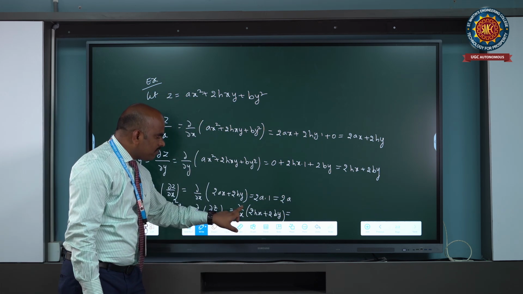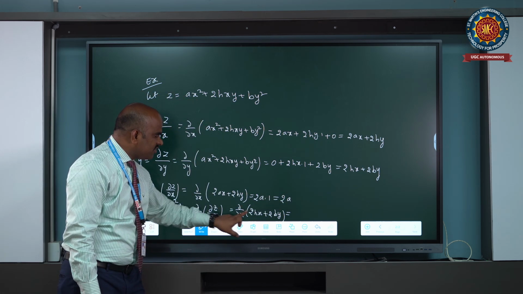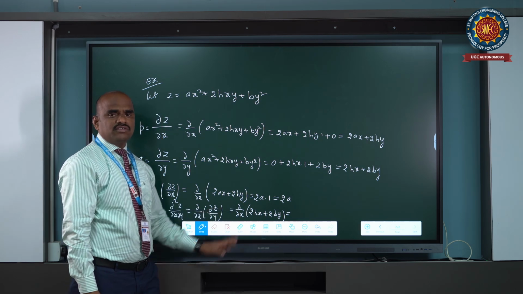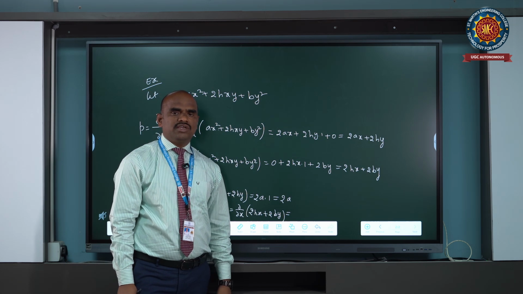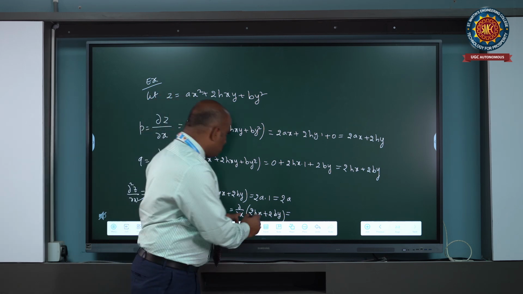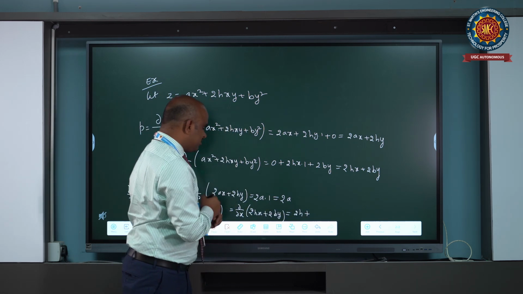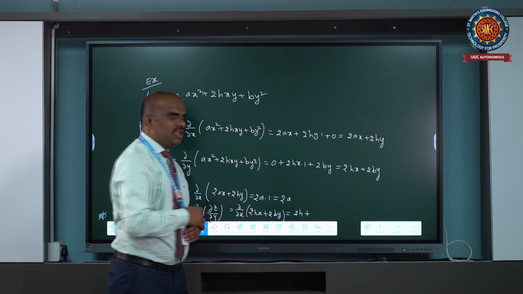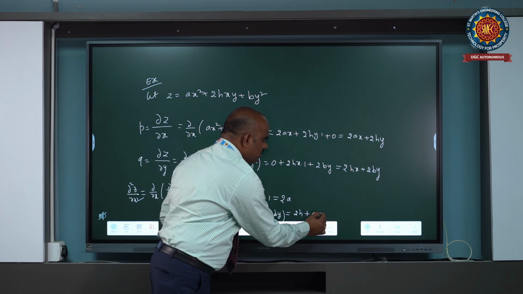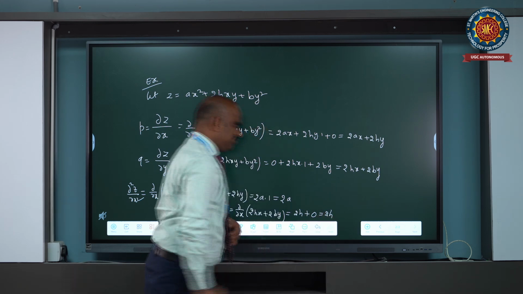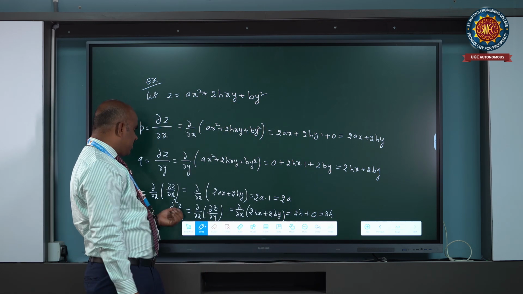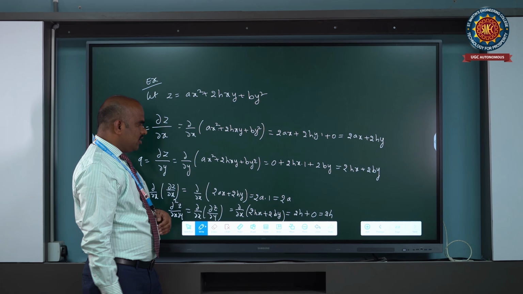See, here we are performing the partial differentiation with respect to x, meaning the other variable y we have to treat as a constant. So ∂/∂x of 2hx is 2h, plus ∂/∂x of 2by is 0. So the answer is 2h. So ∂²z/∂x∂y is 2h.